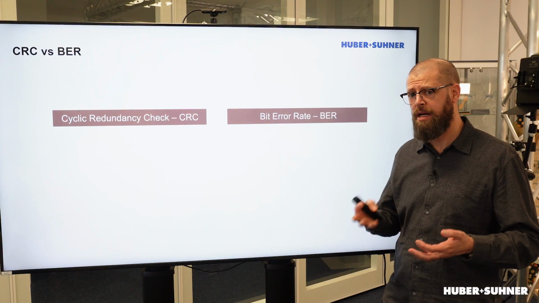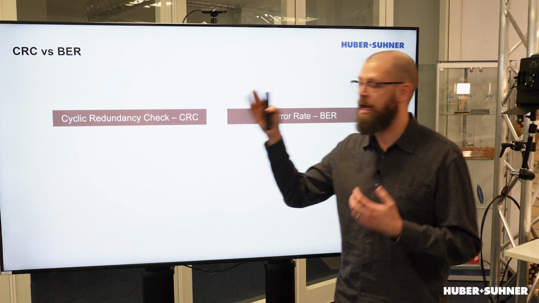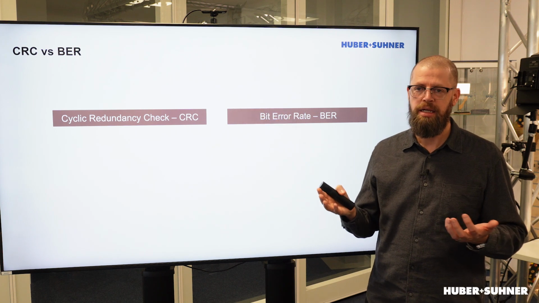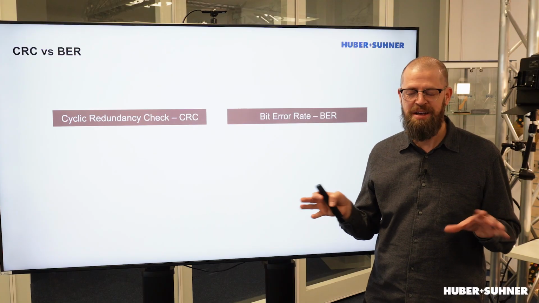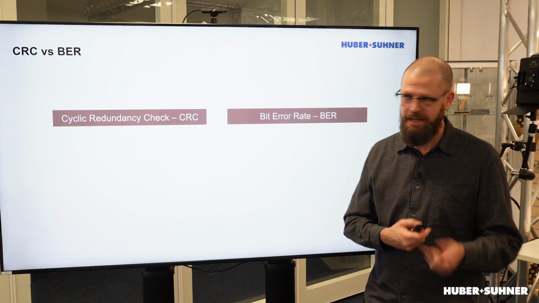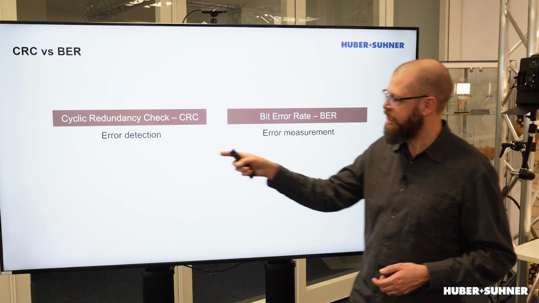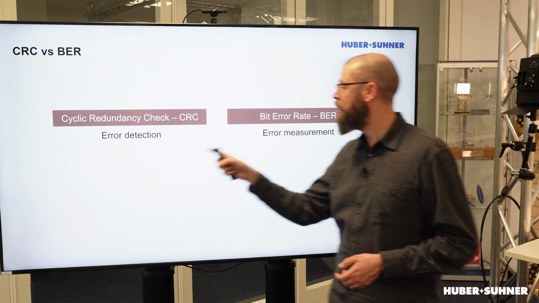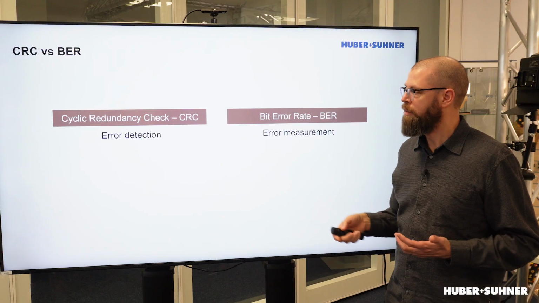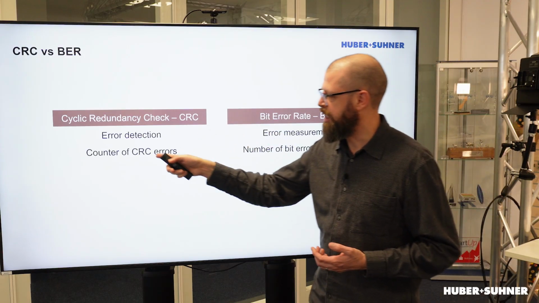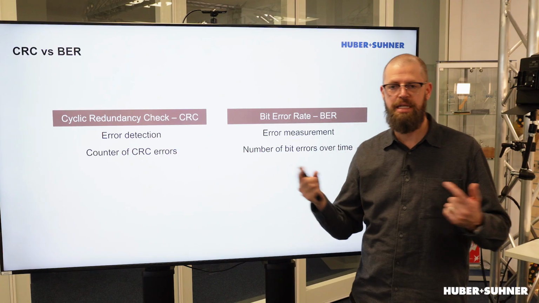Now, at the beginning, I asked the question if CRC and bit error rate are somewhat related. Well, they are related as in they've got something to do with errors, but apart from that, not really. Let me explain. CRC is an error detection, whereas bit error rate is an error measurement. What does that mean? Well, that means that the CRC counts the number of CRC errors.